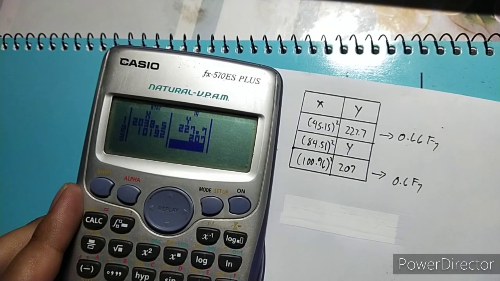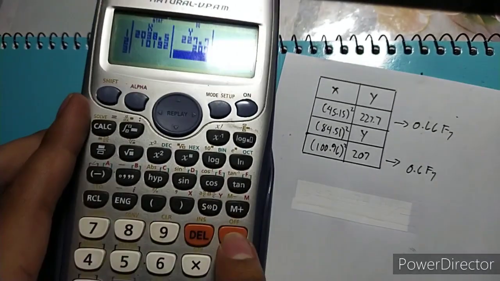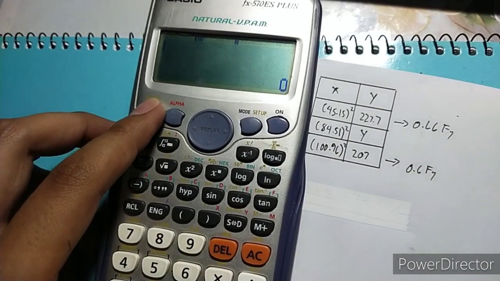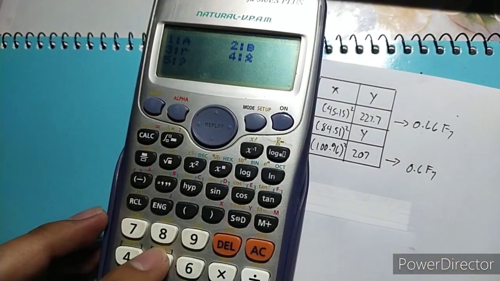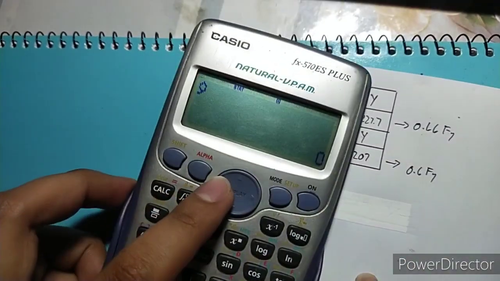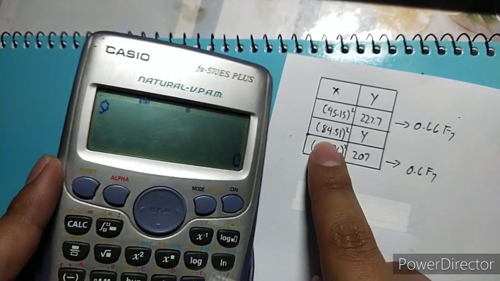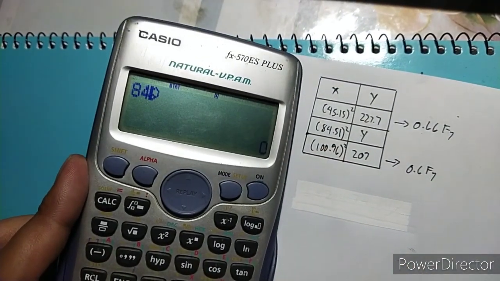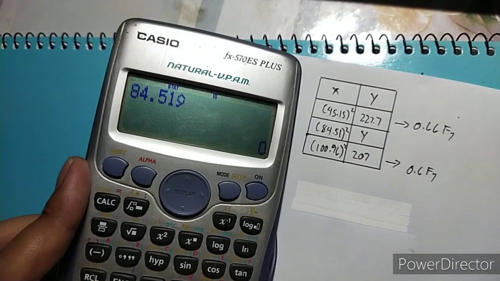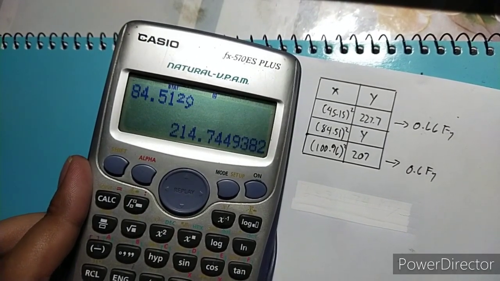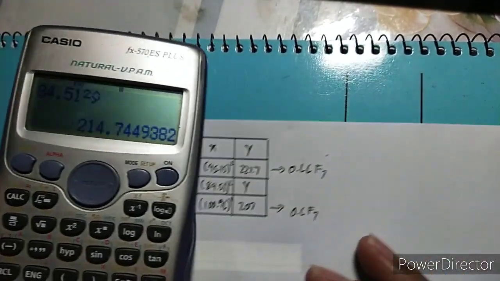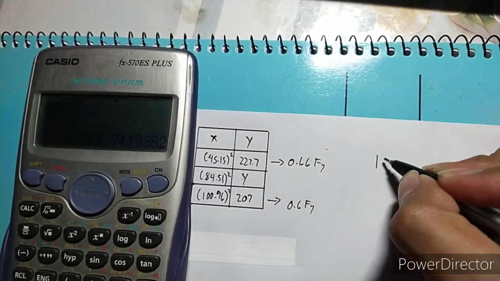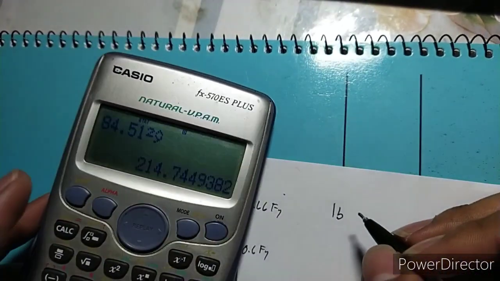So, pag na-input na natin yan, AC, tapos, Shift, Start. Tapos, click natin si 5 ulit, at input natin dito si 84.51 squared. So, nakuha nating sagot is 214.74.